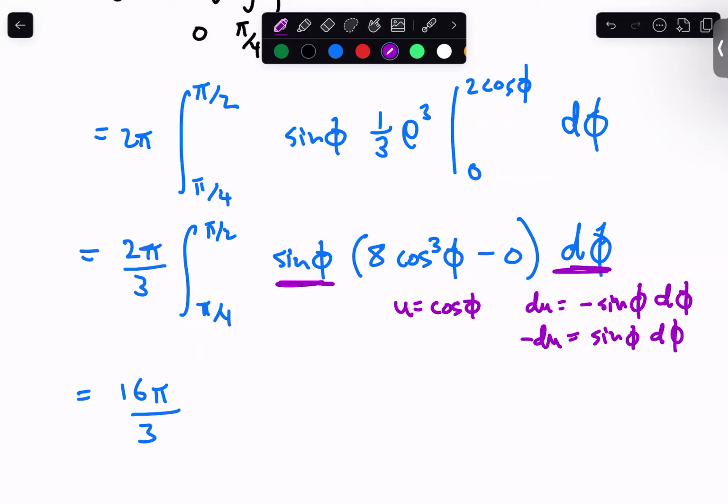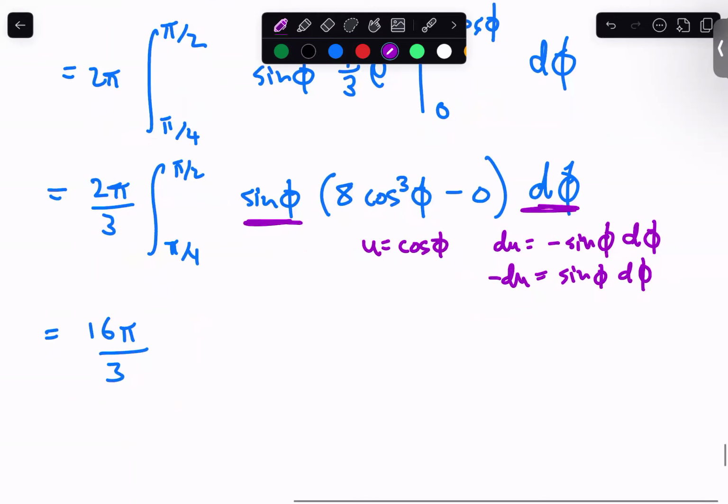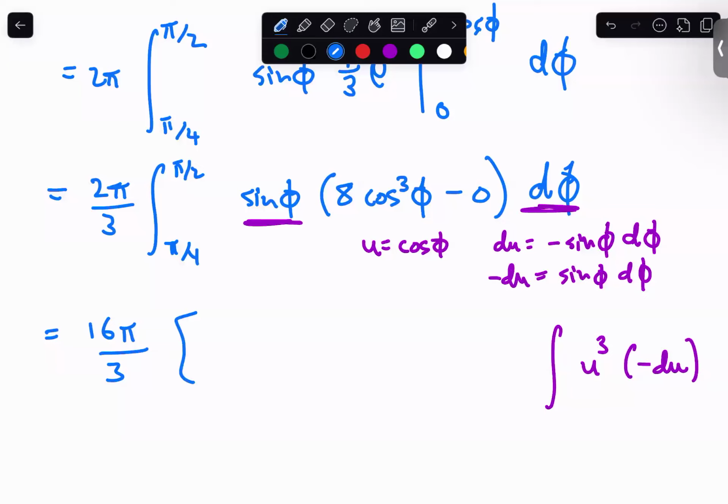And then I'm just going to have the integral of u cubed negative du. So when I integrate that, I'm going to have 1/4, I guess negative 1/4 because of the negative du here.